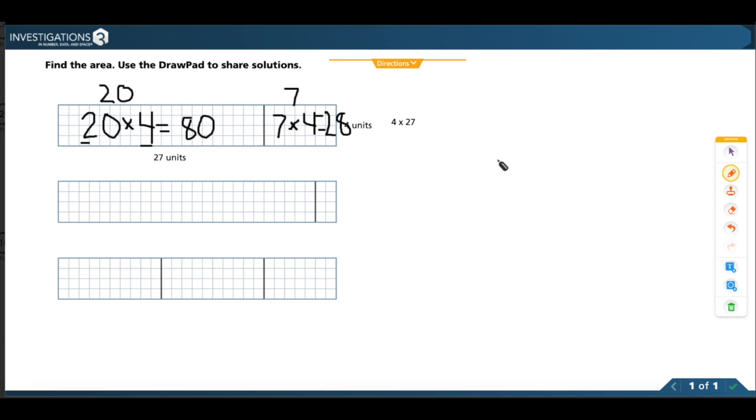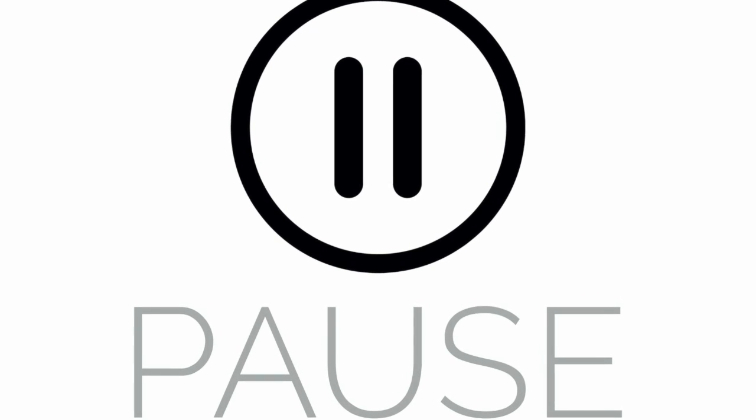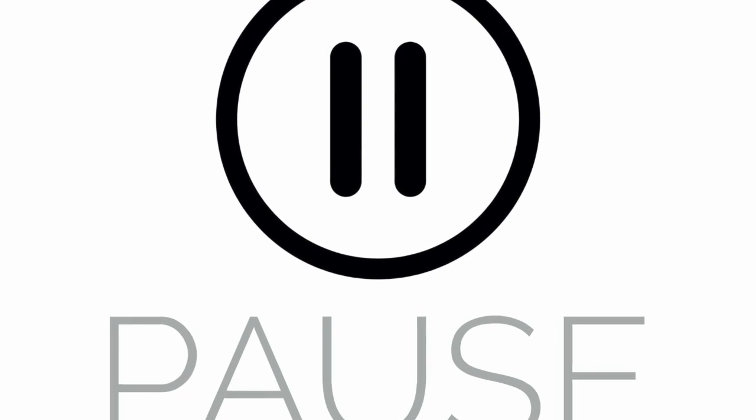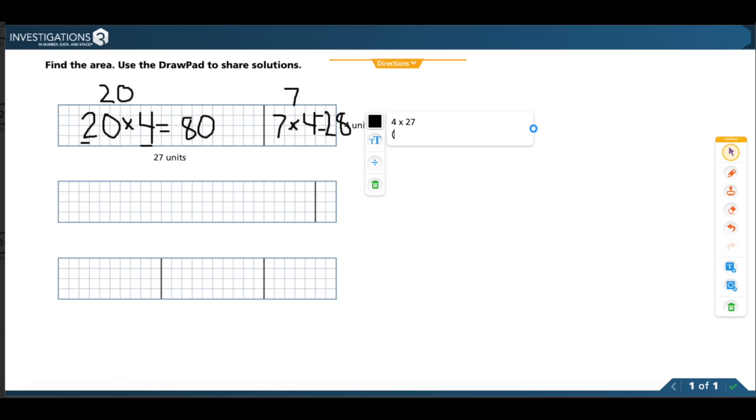Pause me and think about what I need to do now with these two areas of this array. So I first broke apart my array to do 20 times 4, and then I did 7 times 4. I broke it apart into multiples of 10 because that's really easy for me to multiply with.